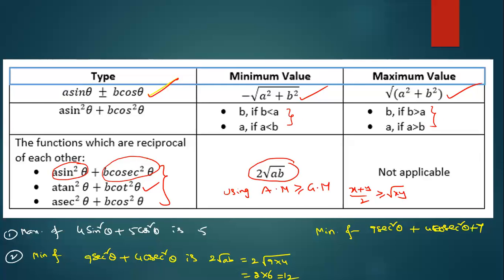Correct. The minimum is 12, plus 7. You should add to the minimum. Minimum is always coming, just adding 7 on both sides. So the answer is 19.